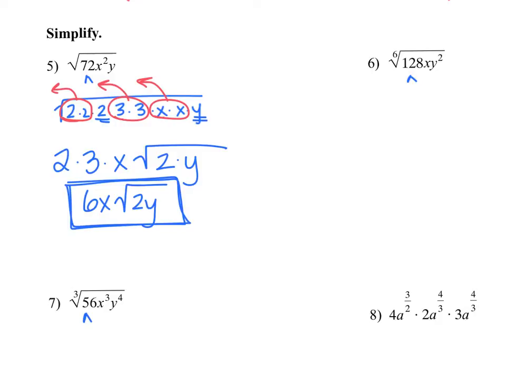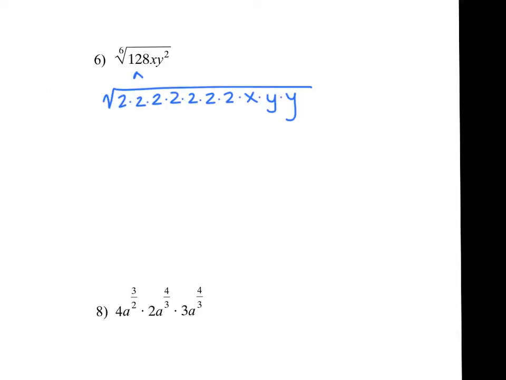Okay, again, I went ahead and broke down 128 on my own. This time, because it's the 6th root, I have to have a whole group of 6 to bring even one whole number out. So if I circle, I've got this group of 6, and that just brings out one whole number.